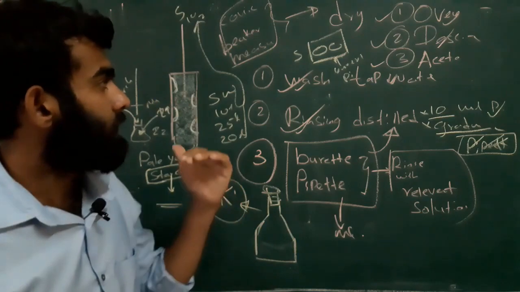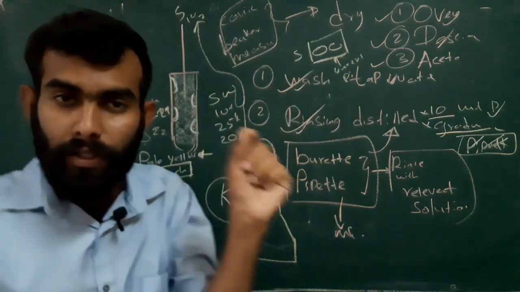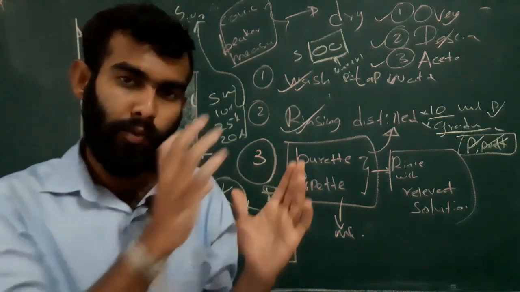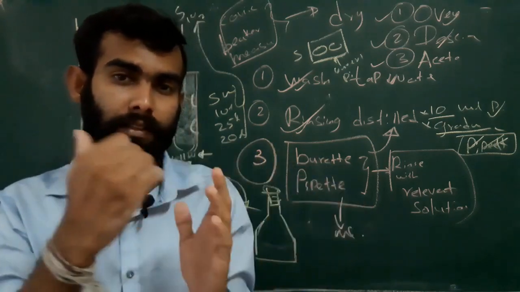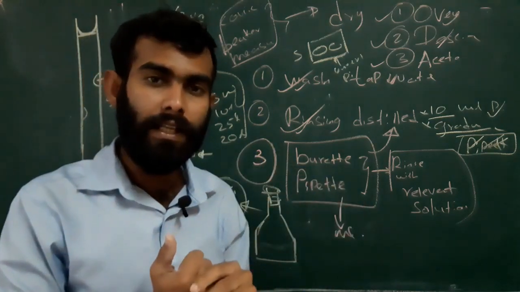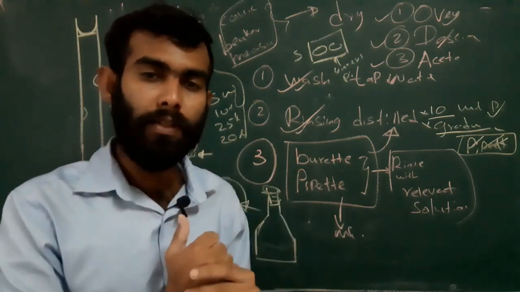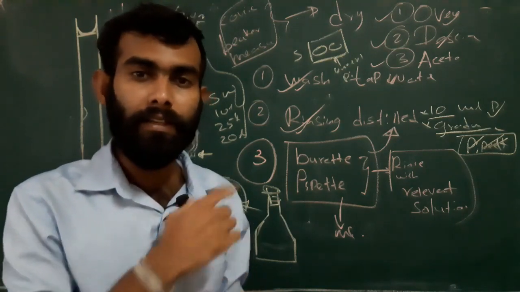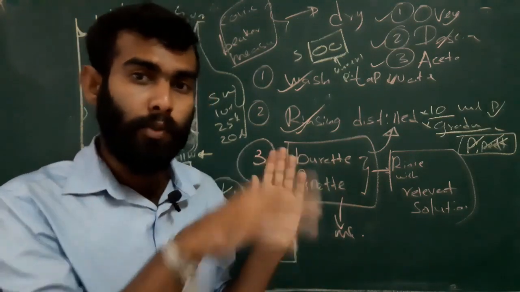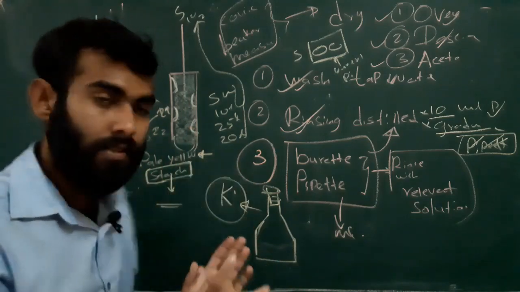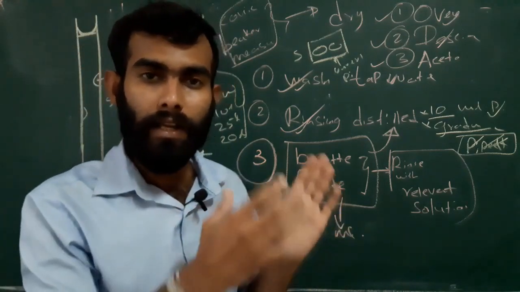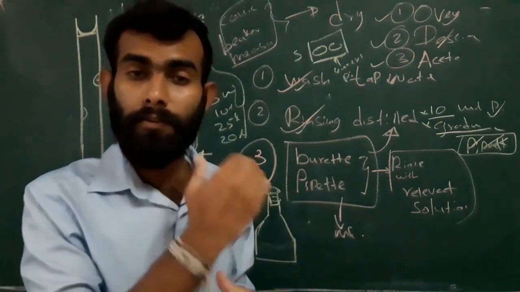How? The stoichiometry is 2:1. 2 mole of sodium thiosulfate react with 1 mole of iodine. So half of the sodium thiosulfate amount is equal to the iodine. You know the total volume of this reaction mixture, and after that you can calculate the concentration of iodine.